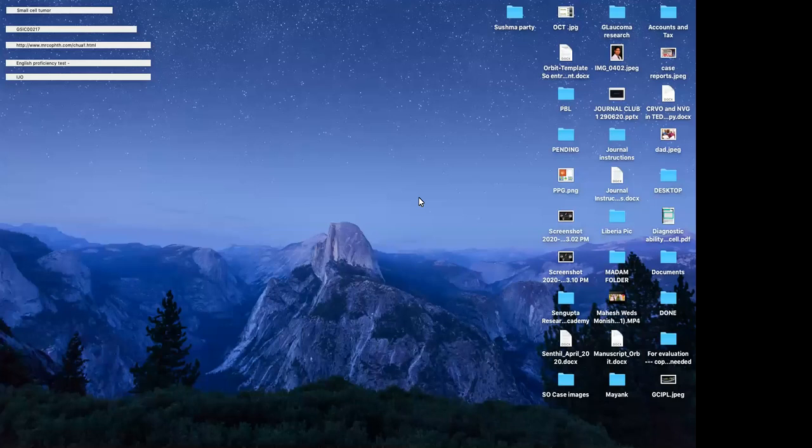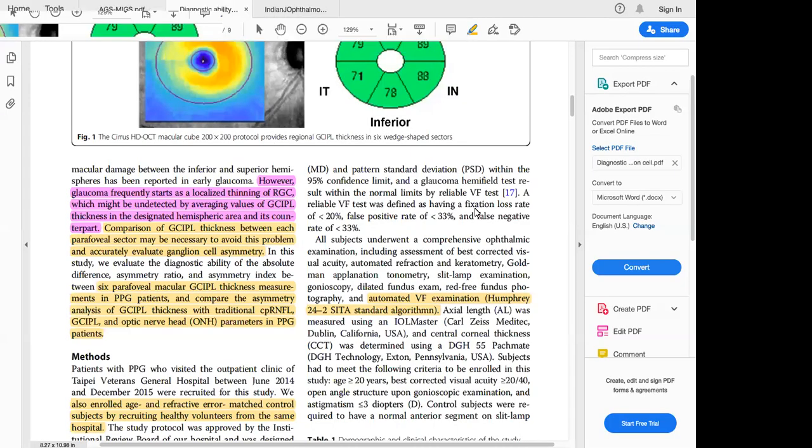Now, can you see my screen? Yes, we can see the article that we are discussing today.